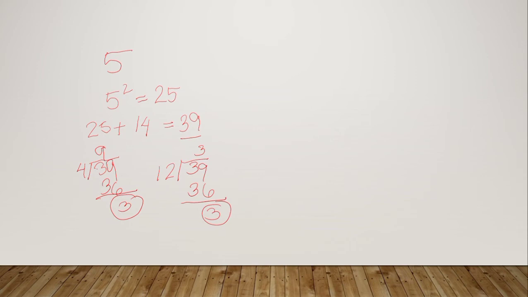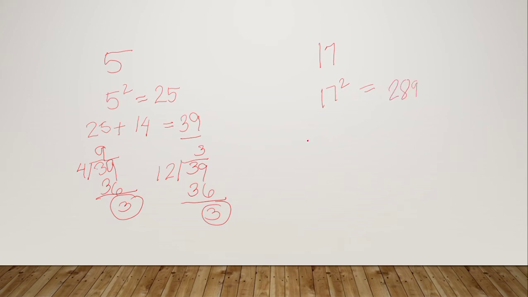Now let's have another example to prove that this trick is right. We're going to use a 2-digit number, 17. Next is to square it. 17 squared is 289.